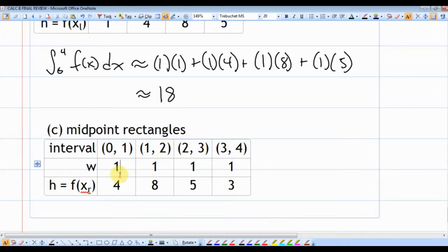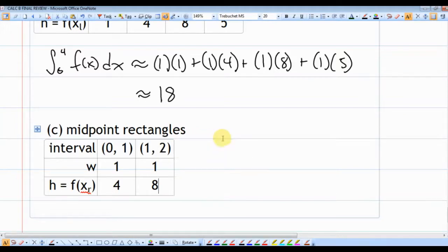Okay, so for midpoint rectangles, we only need 2 rectangles now. 0 to 2 and 2 to 4. So yeah, 0 to 2 and then 2 to 4.